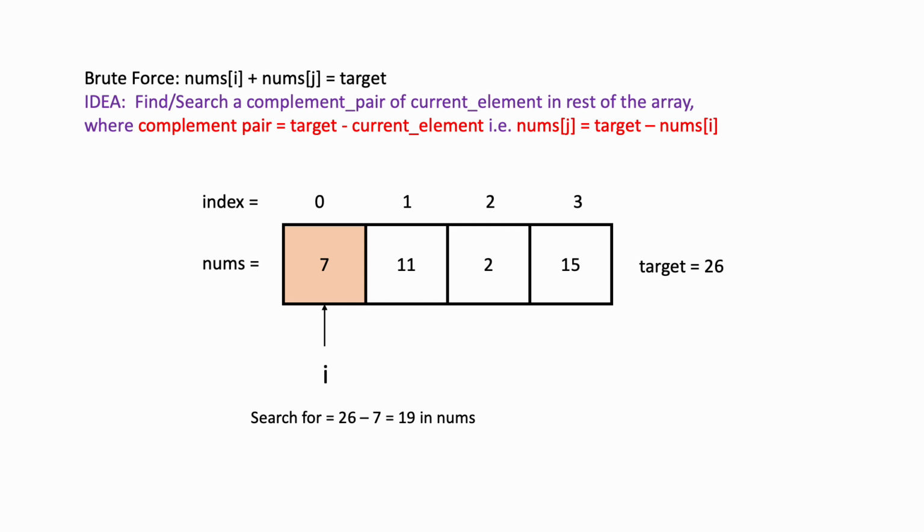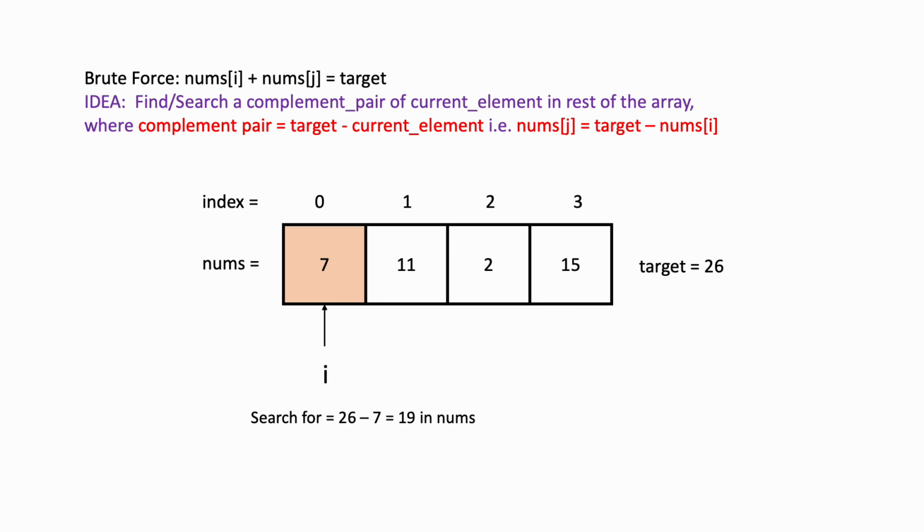From the brute force approach, we can infer the idea that for the current element i, we are trying to find its complement pair, the jth element in the nums array, where the complement pair is equal to target minus the current element. That is, nums of j equals target minus nums of i. So if we are at 7, then we want to find its complement pair, which would be 26 minus 7, 19, in the rest of the nums array.